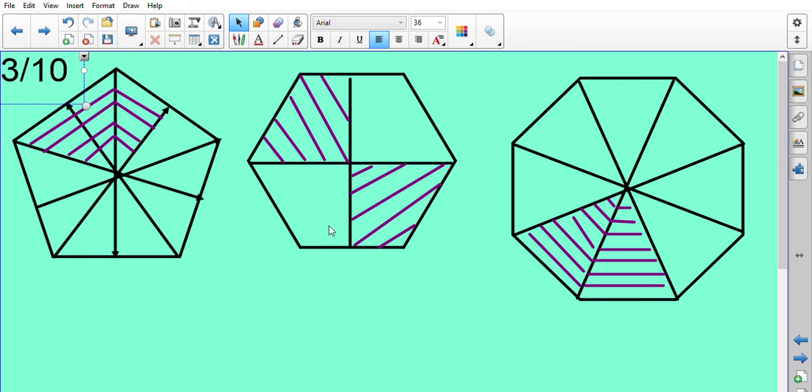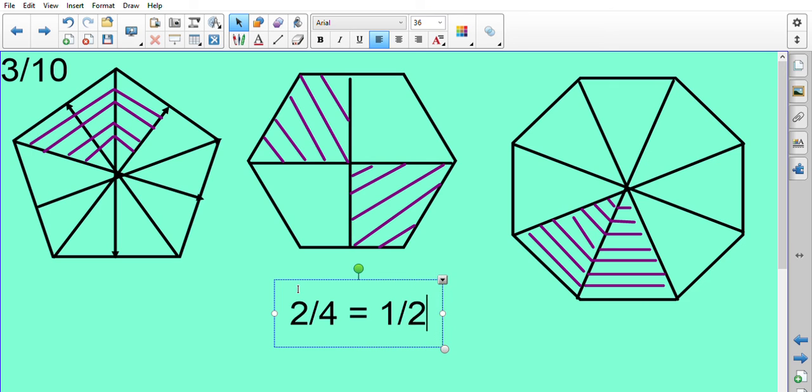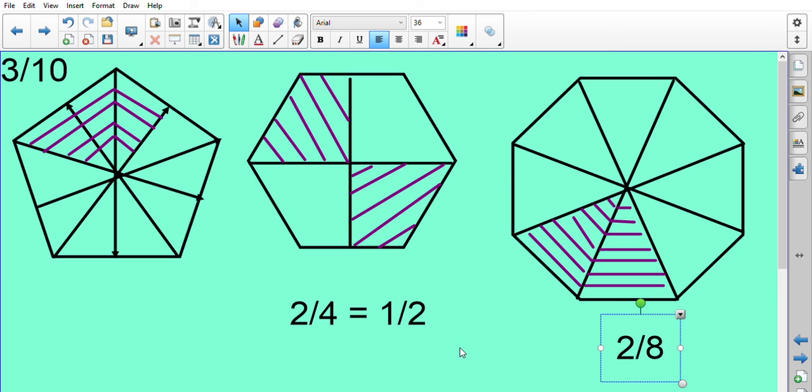The fraction of our hexagon that is shaded, you can express this in 2 ways. We've got 4 equal parts in total, 2 over 4. Lots of you will have noticed that it's a half because they're the same fraction. And then this last one, this octagon, is 8 equal parts, and 2 out of 8 are shaded.